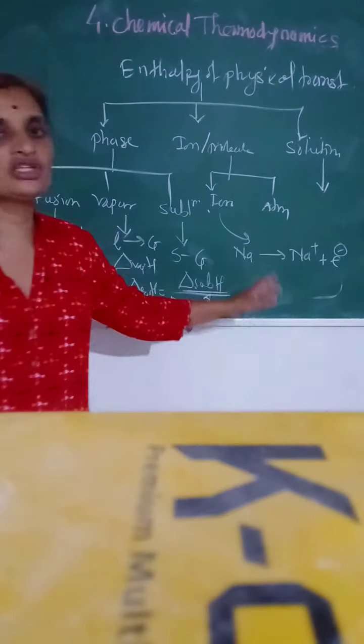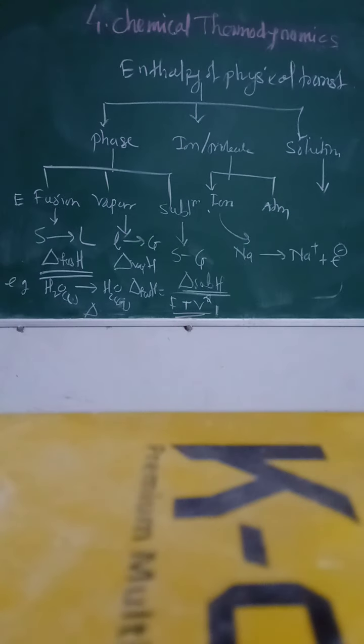It is the enthalpy change when an electron is removed from 1 mole of gaseous atoms. You have to call it the enthalpy of ionization. For sodium, the value used is 494 kilojoule per mole for ion formation, Na converted into Na plus. That is the enthalpy change accompanying removal of an electron from 1 mole of gaseous atoms.